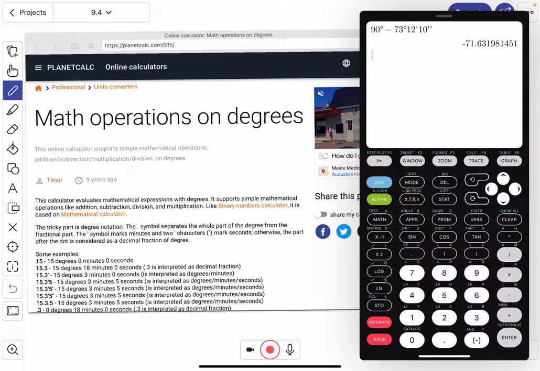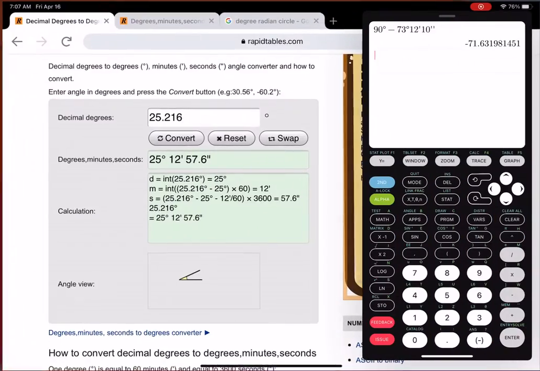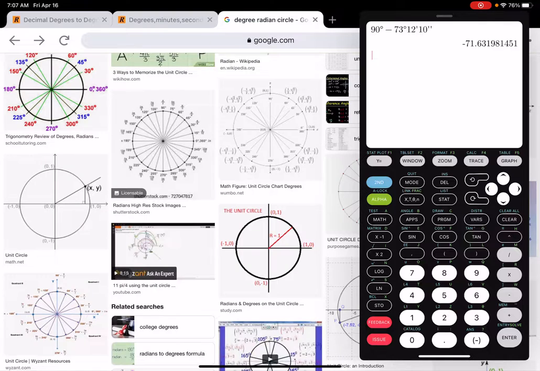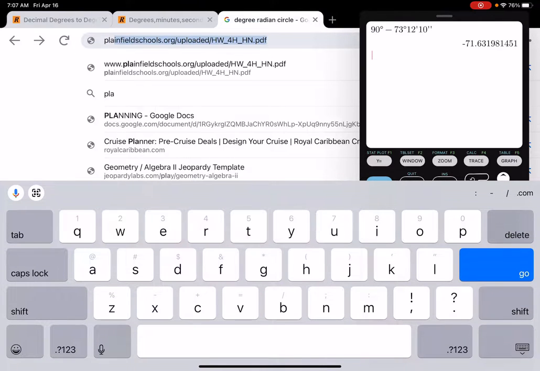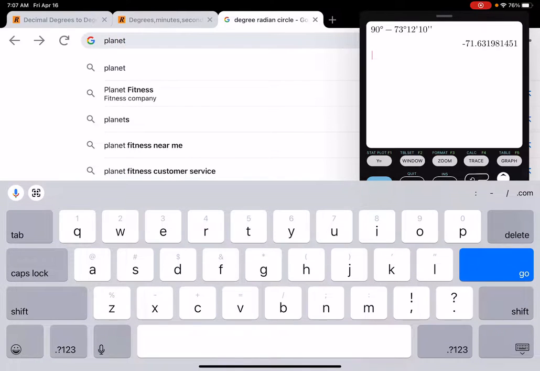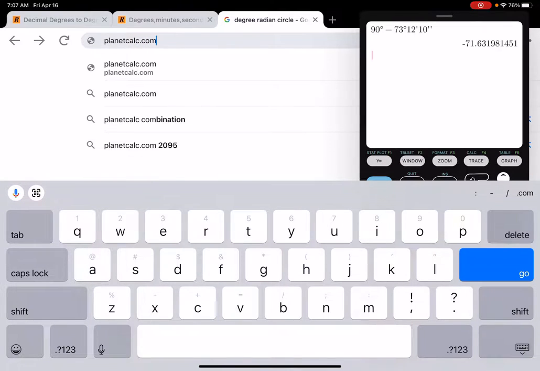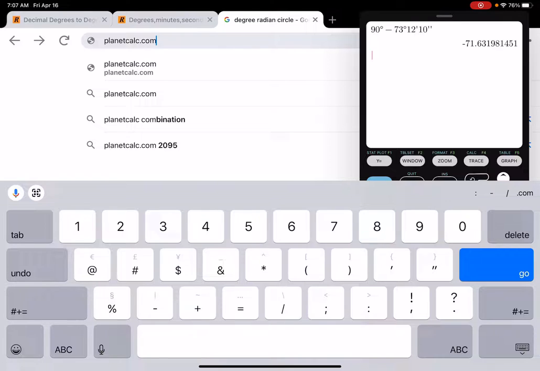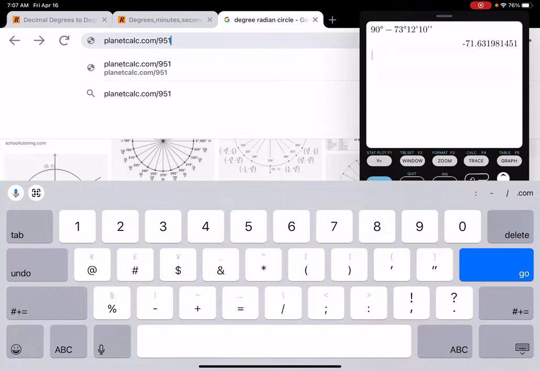On the computer, we're going to use this website, planetcalc.com. And then it was /915, I think.